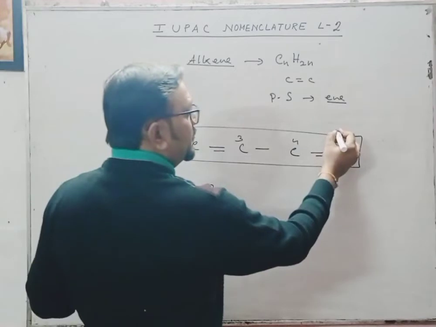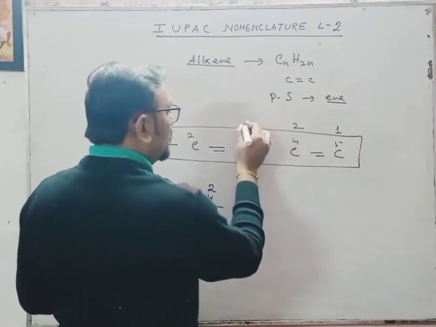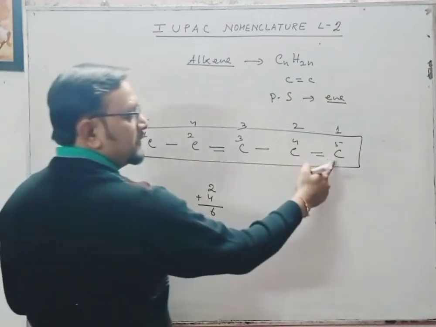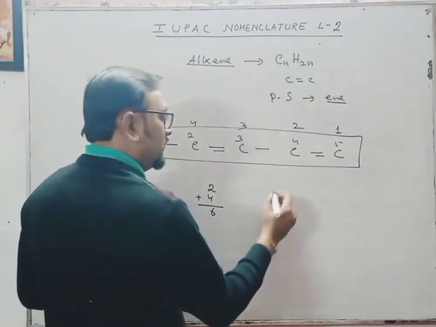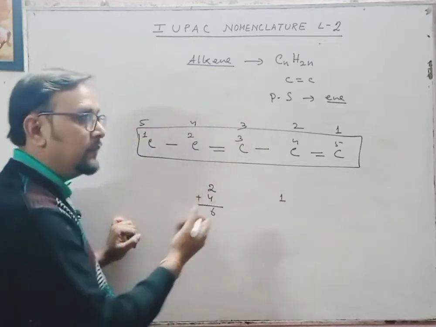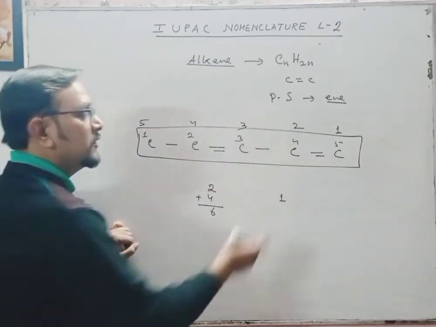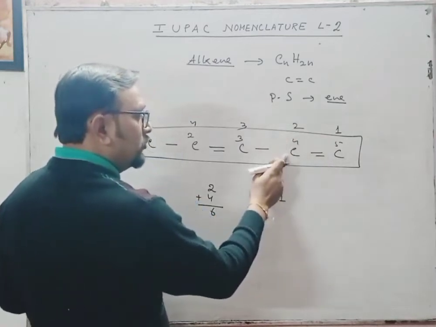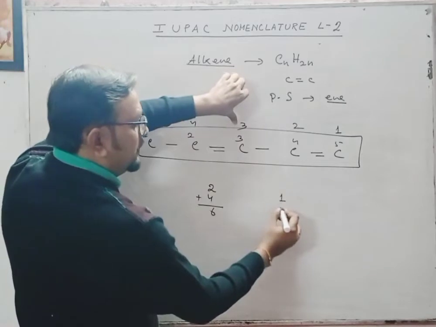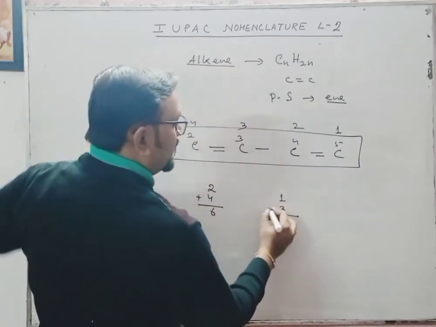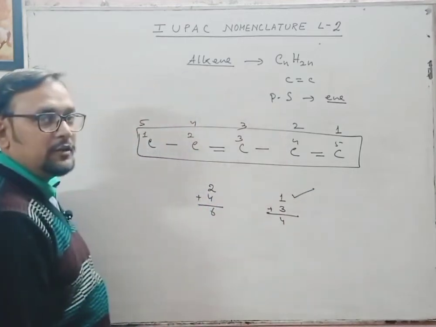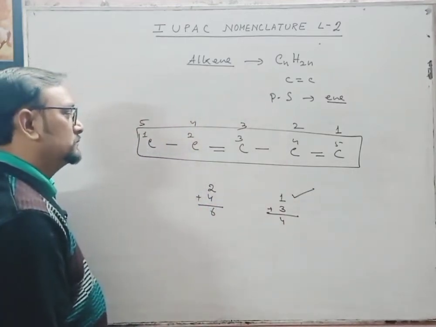But if I start numbering from this side, 1, 2, 3, 4 and 5, then the first locant is 1. If the first one comes minimum, the rest also will come minimum. The second double bond is at the third position. So 1 plus 3 is 4. So follow this order.